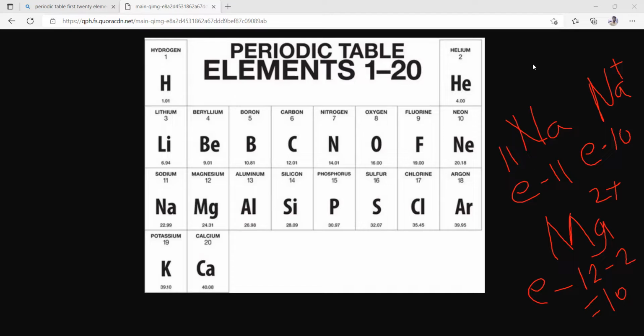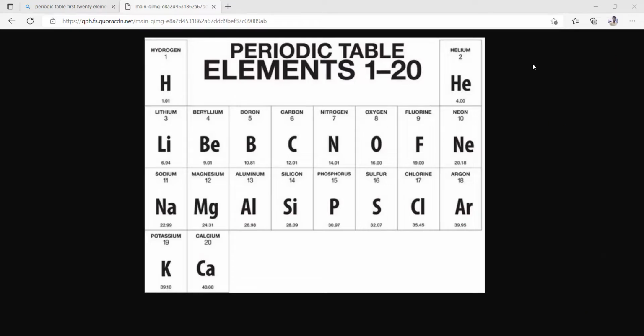Now you see, the first group elements. What are the elements in the first group?